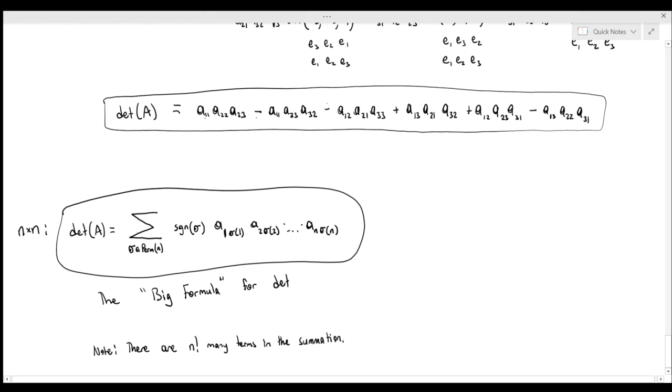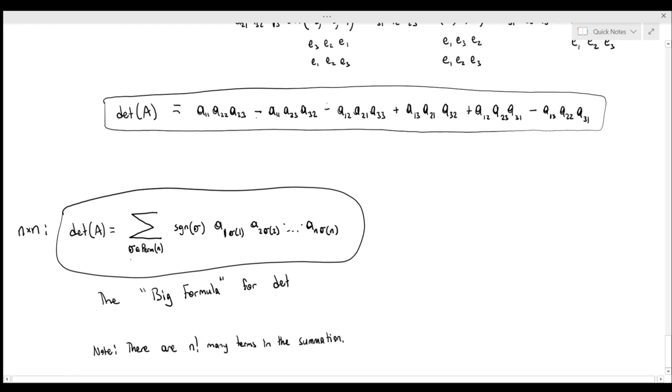You have A1 and some number, A2 and some number, and then A3 and some number. So here I have something similar going on. I have A1 and some number, A2 with some number, and so forth. Now, this sigma of 1, sigma of 2, and so forth.